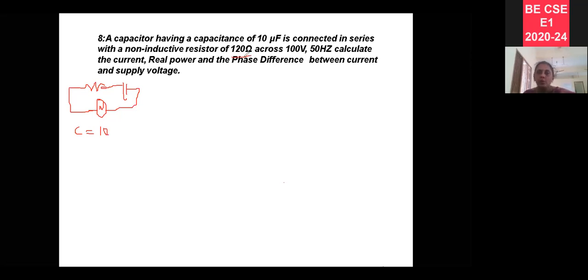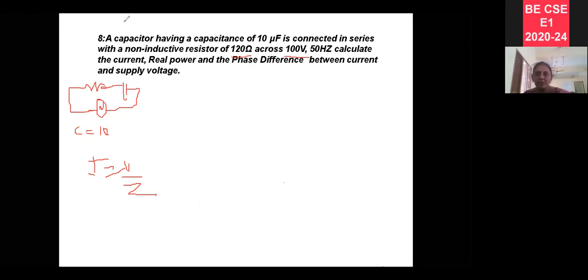Clear? Now, first you have to calculate the current. Now we know the formula. I is equal to V by Z. Here they have asked us to calculate the current. For that, voltage is given. Voltage is going to be 100 volts. Impedance you have to calculate. What is the formula for impedance?